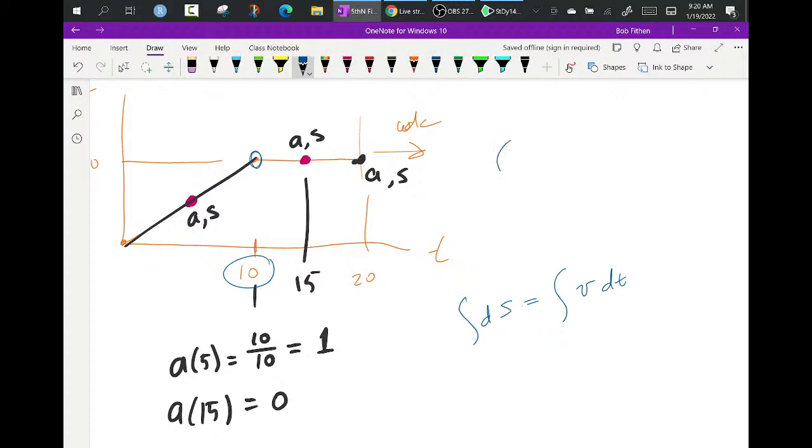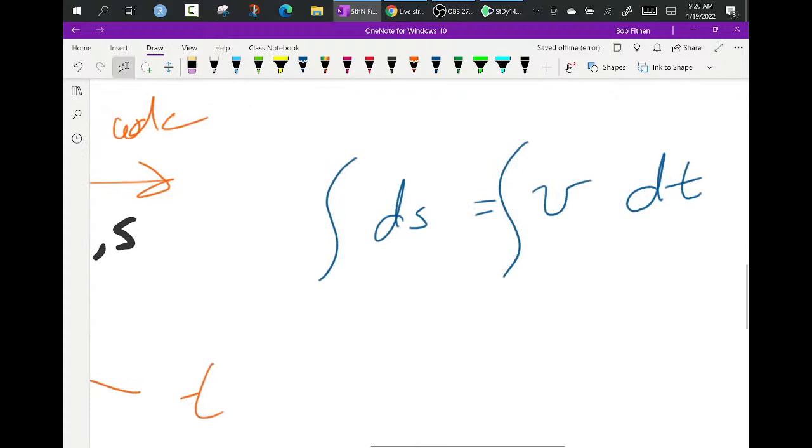Let me rewrite it up here, because I'm going to try to accentuate something that needs to be paid attention to. T0, S at T0, T, S at t.